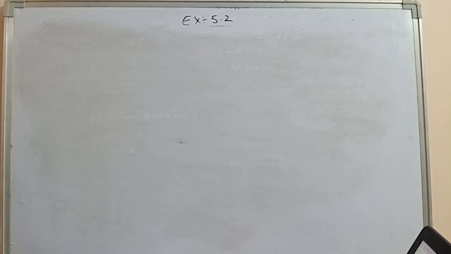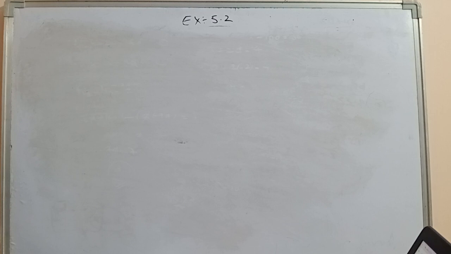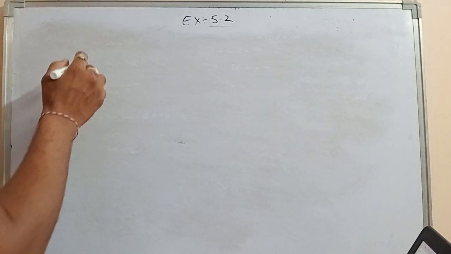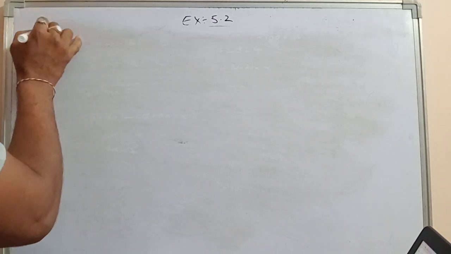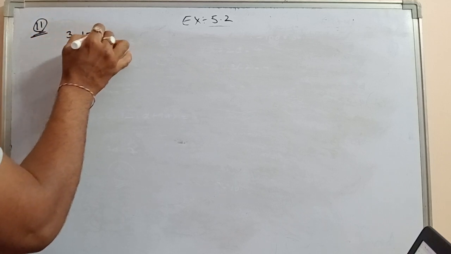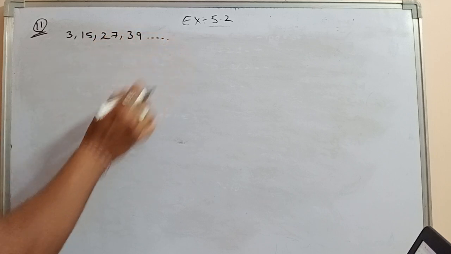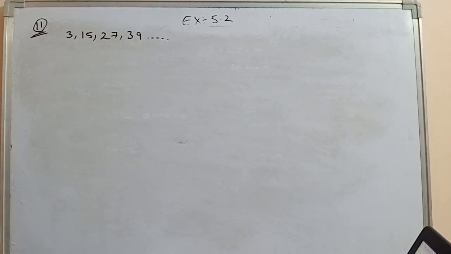When it comes to the 11th one, in the given question it is given: which term of the arithmetic progression 3, 15, 27, 39 and so on will be 132 more than its 54th term.